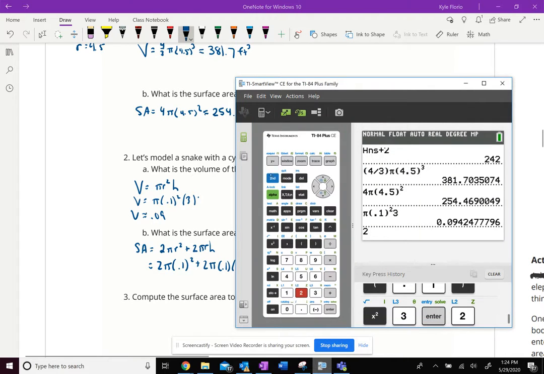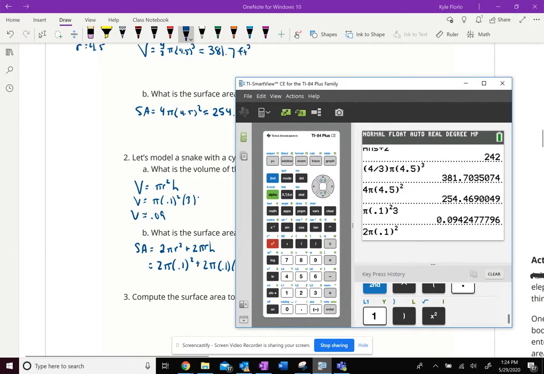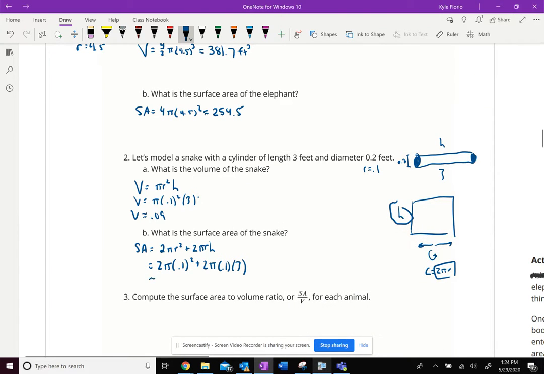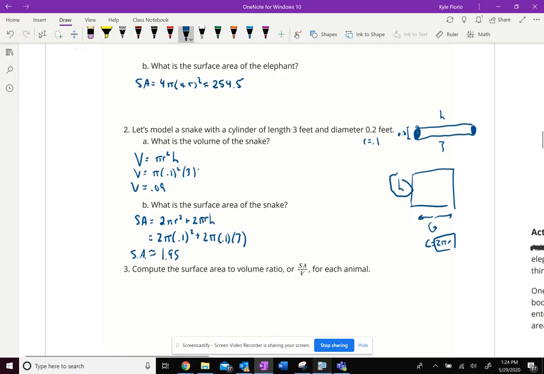We have 2 pi r squared plus 2 pi r times the height. Okay, so that's about 1.95. So surface area is about 1.95.